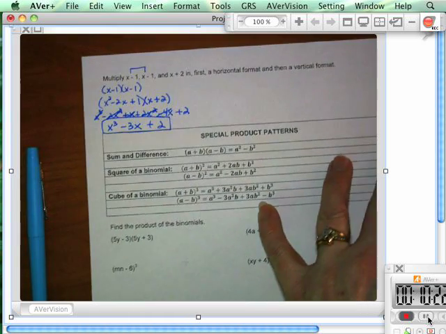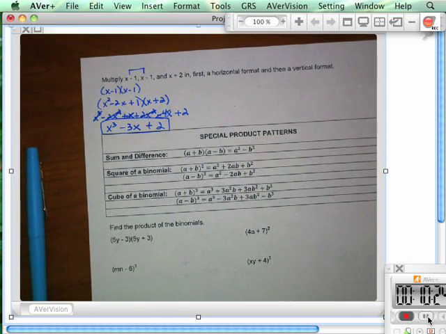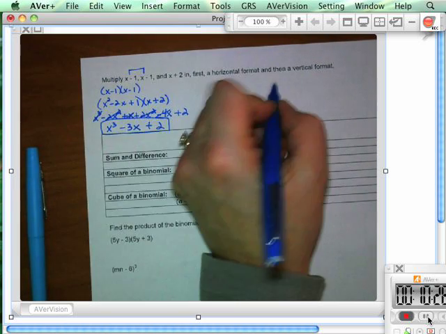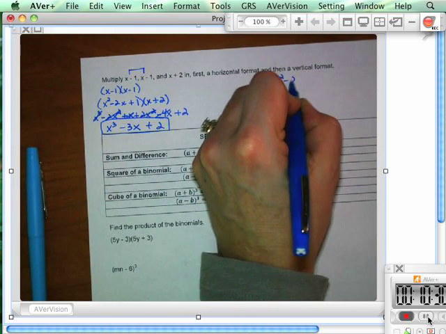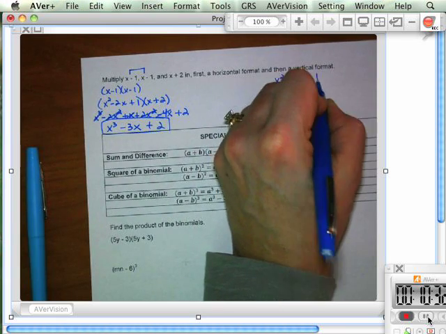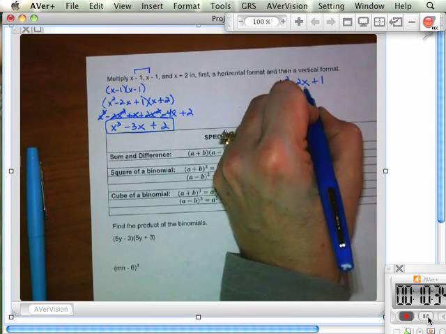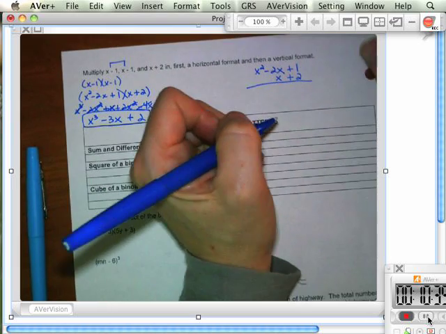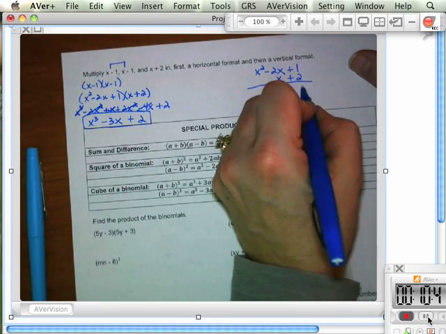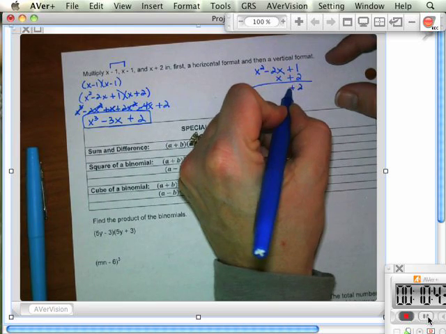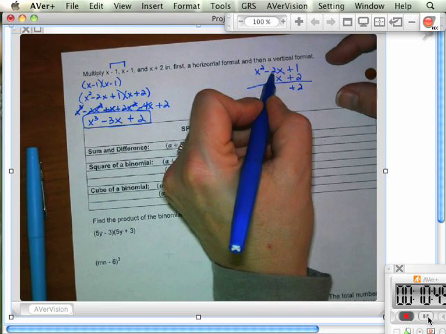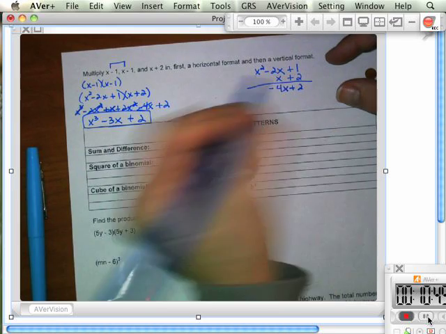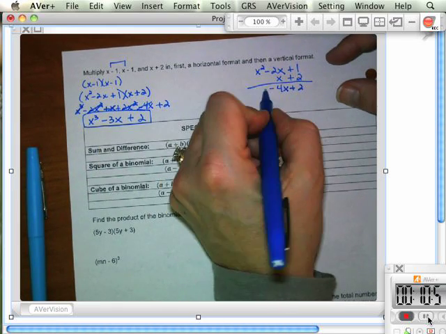Then the vertical format. Well, for the vertical format, you still have to multiply those first two together and end up with this. And then multiply it by the third binomial, just like we did on the other side. So I'm going to do 2 times 1, which is 2. That's a positive. 2 times negative 2x is negative 4x. I'm going to write it like that. And then 2 times x squared, which is 2x squared.